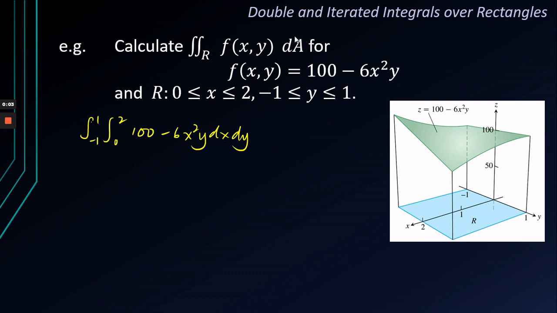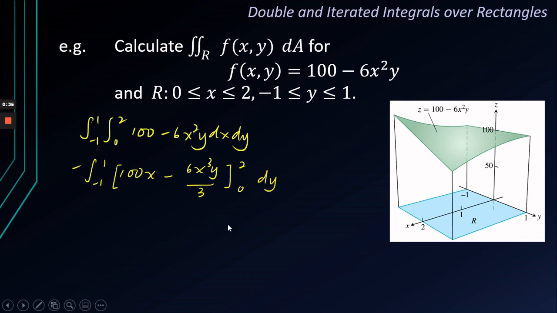Now, if we take dA equals dx dy, we get this integral. Then we start to integrate the function with respect to x first, and remember, we treat other variables as constants, so we have 100x minus 6x cubed y over 3, where x is from 0 to 2. Don't forget the differential dy.